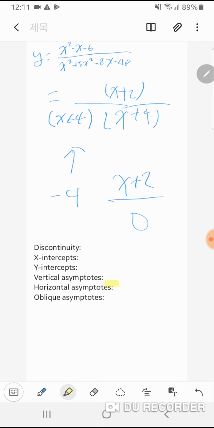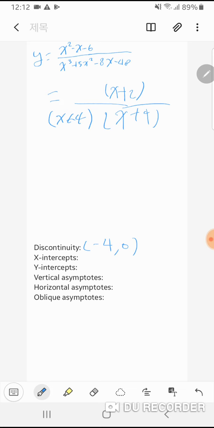We can't have 0 in the denominator, so that part would be discontinuous. So -4, 0 will be discontinuous.